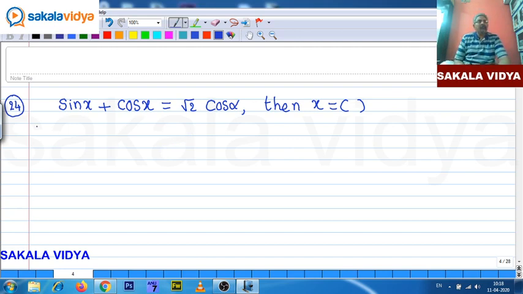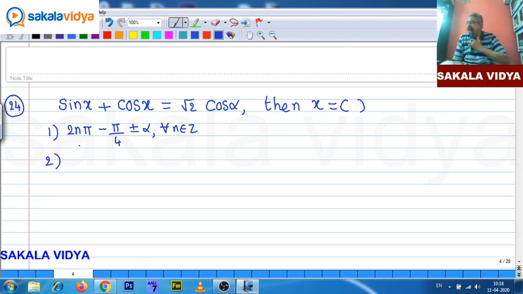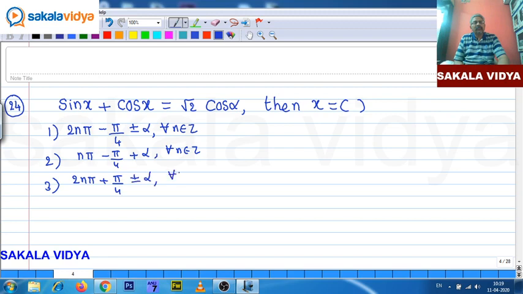First option, 2n pi minus pi by 4 plus or minus alpha for every n belongs to Z. Second option, n pi minus pi by 4 plus alpha for every n belongs to Z. Third option, 2n pi plus pi by 4 plus or minus alpha for every n belongs to Z. Fourth option, n pi minus pi by 4 plus or minus alpha. This is the question now.